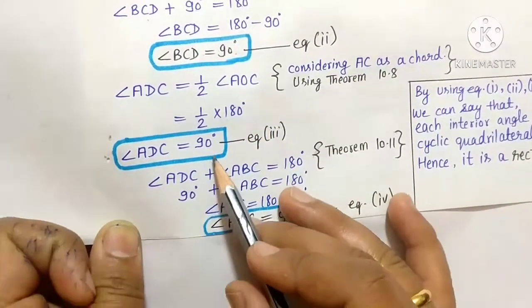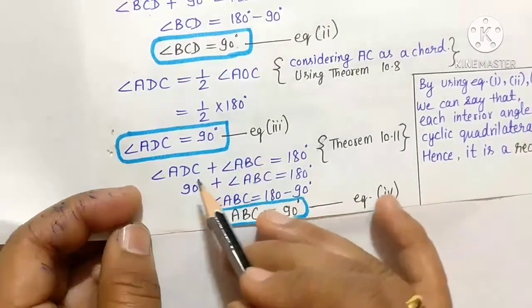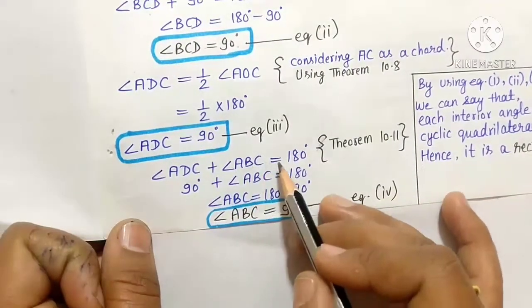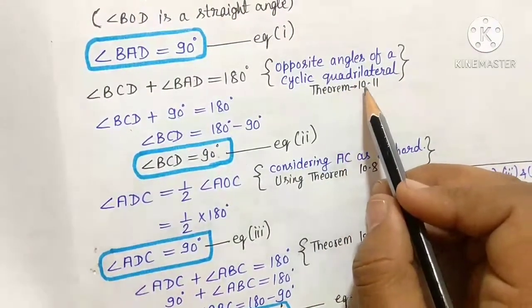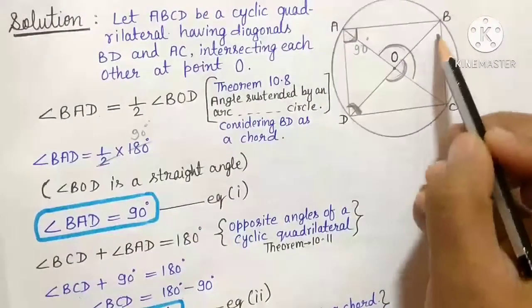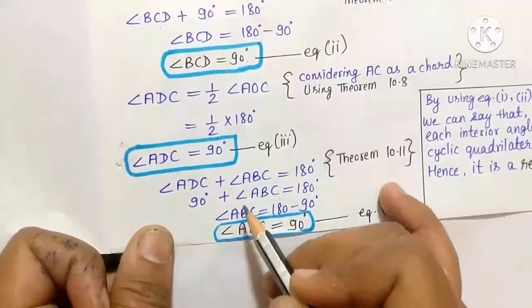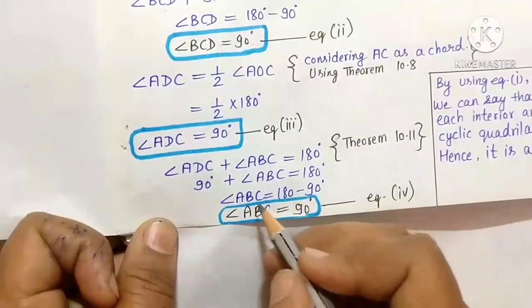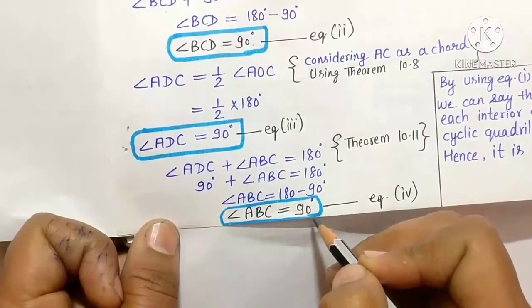So angle ADC also comes to 90 degrees. This is our third result. Angle ADC plus angle ABC equals 180 by theorem 10.11, opposite angles of a cyclic quadrilateral. So angle ABC equals 180 minus 90, which is again 90.